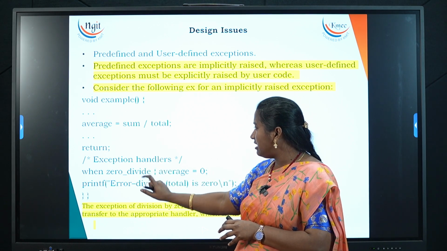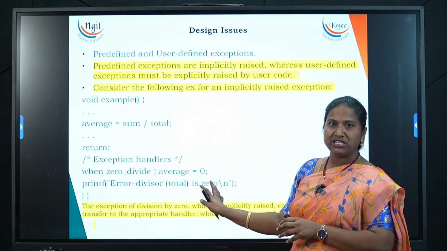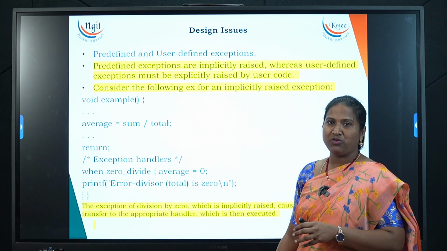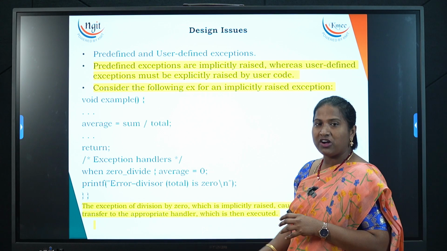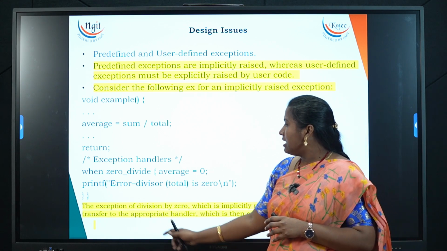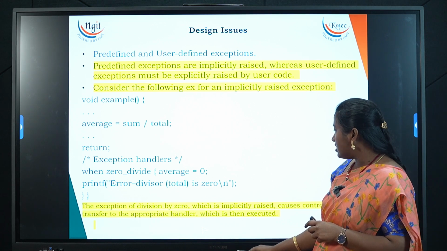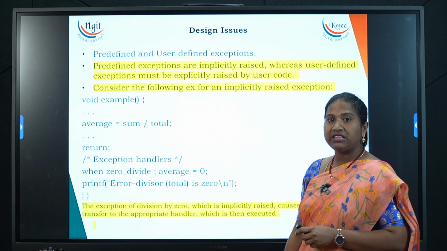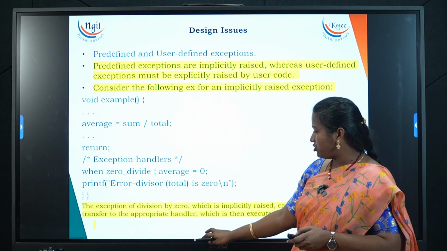When zero divide, average is equal to 0. Printf error, divisor total is 0. We are handling the exception, so we call it an exception handler. The exception of division by 0, which is implicitly raised, causes control to transfer to the appropriate handler, which is then executed. So this is one kind of exception.